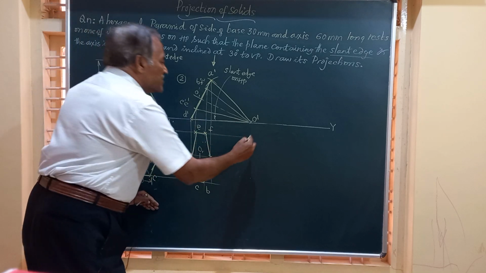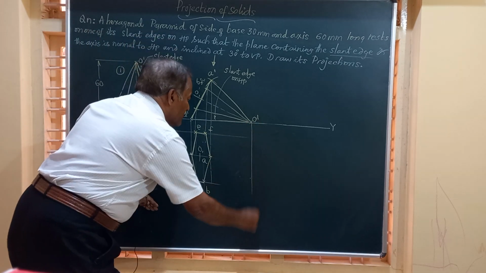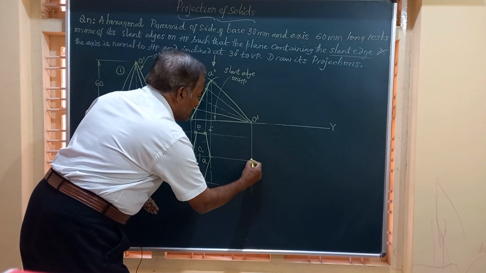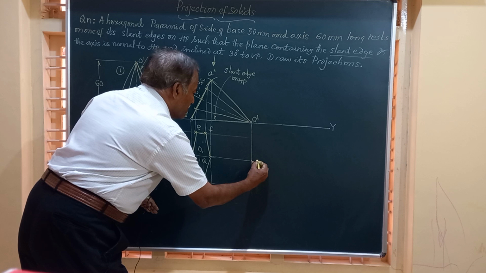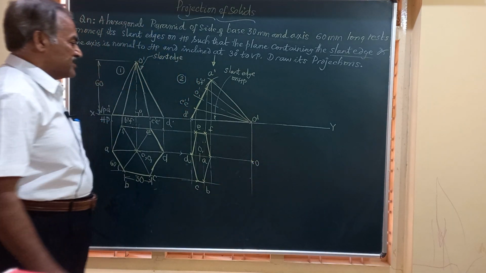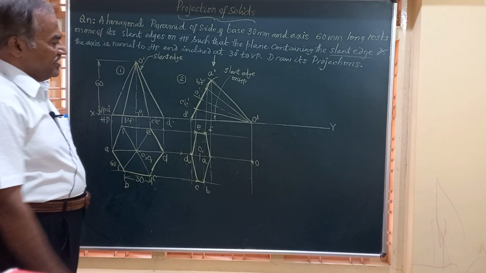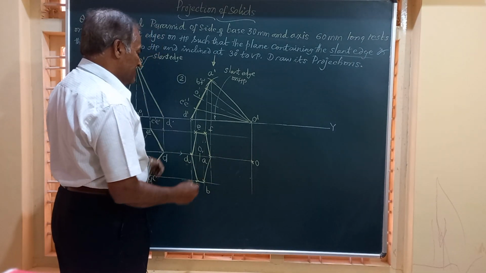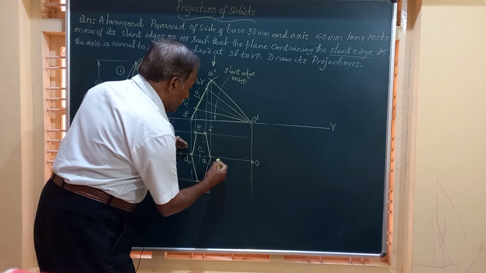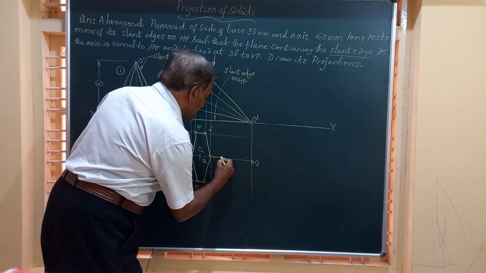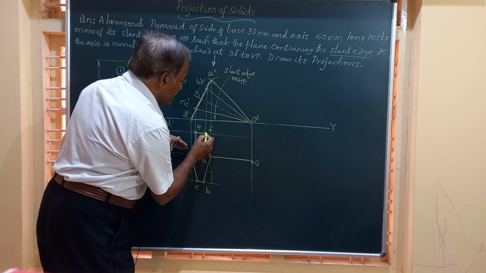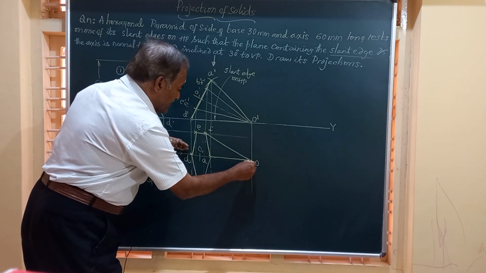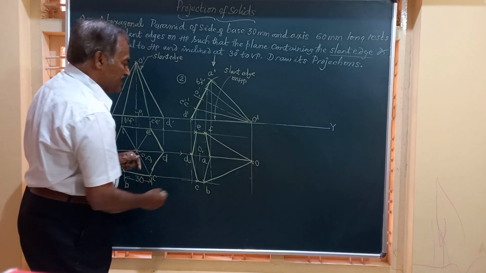And to locate this O, the vertex, draw a vertical line from this O dash, a horizontal line from here. They meet at this point. We will call this point as O, the vertex. After getting the vertex, I should join the vertex O to all the corners. Friends, I am going to join O to A, that is visible, O to F, visible, O to B, visible, because they are not intersecting with any other.